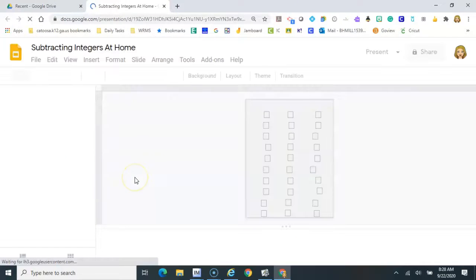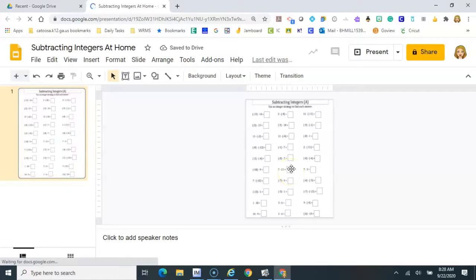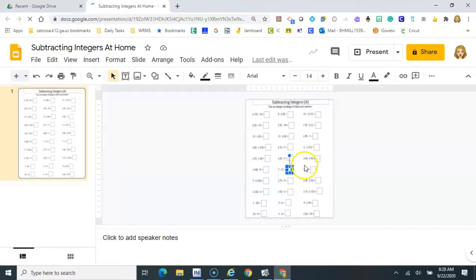So it's going to look like this. You will need to use scratch paper to complete the assignment, but there are text boxes for you to just type your answer right in on the screen.